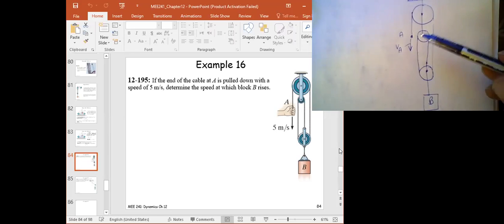Is it going to be more or less? It's going to be faster. Over 2? 3 times more. No, over 2. Slower by 2 times. Someone is saying slower by 2 times, someone is saying faster by 3 times.